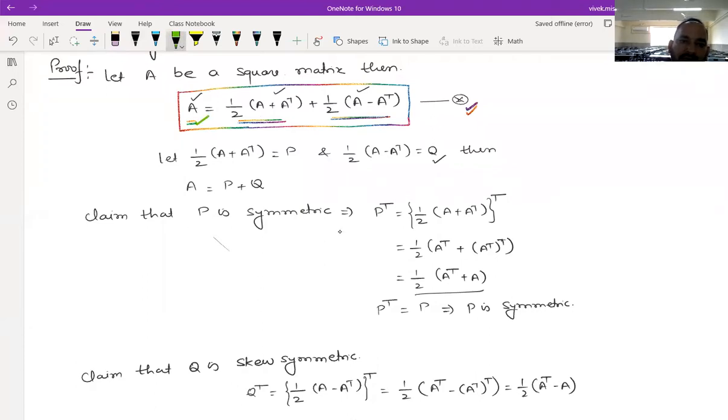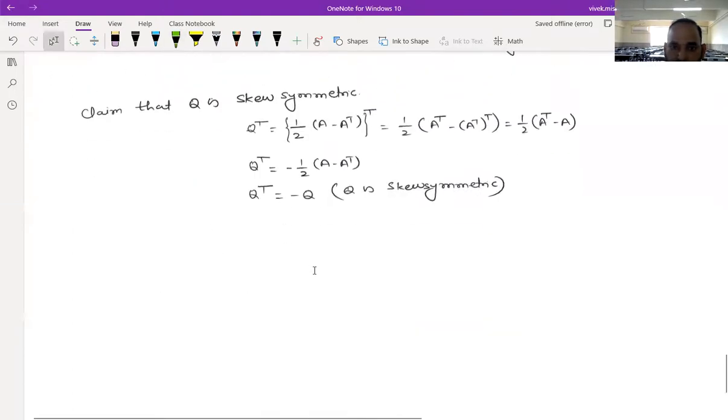Every matrix A you can break in this way plus this way. ठीक है? If every matrix A can be broken as these two, और मैंने प्रूफ किया कि ये सिमेट्रिक है और ये स्क्यू सिमेट्रिक है, तो now can I say कि every matrix A can be written as sum of a symmetric matrix and skew symmetric matrix?